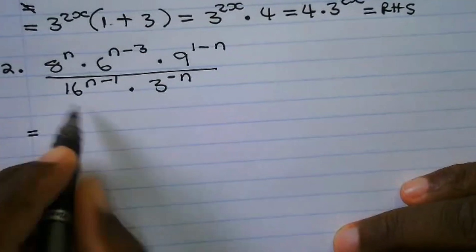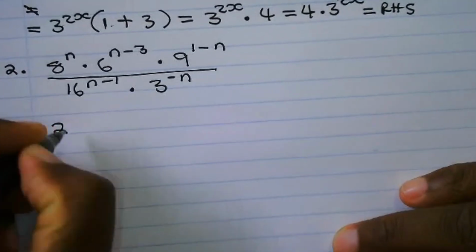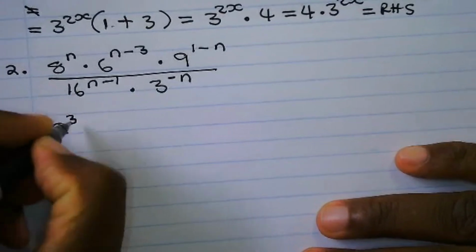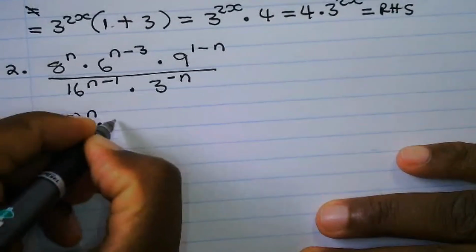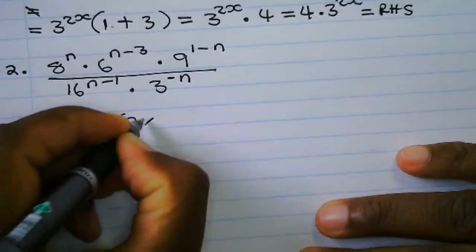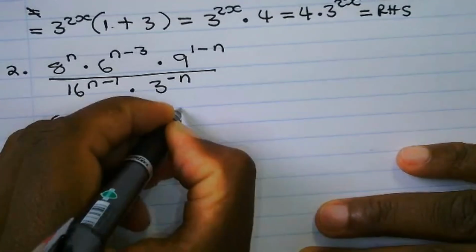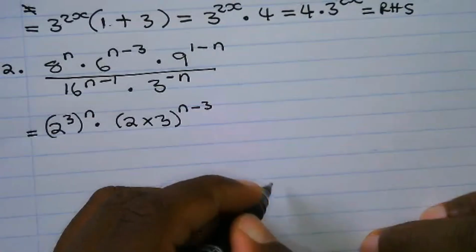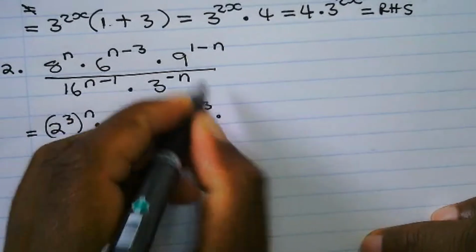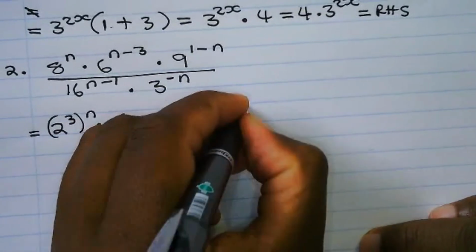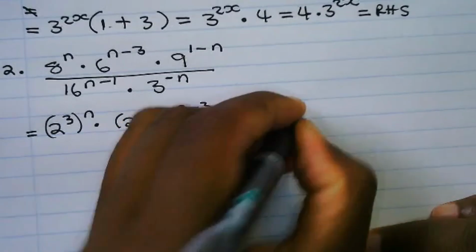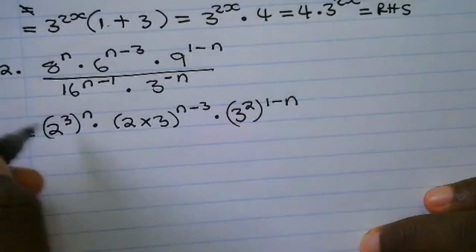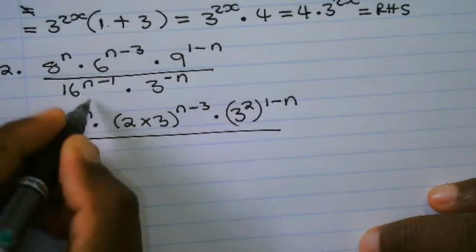Let's do that. 8 is 2 raised to 3, and there is an n outside, and then 6 is 2 multiplied by 3 with an n minus 3 there, and then this is 3 raised to 2 with 1 minus n, all over.